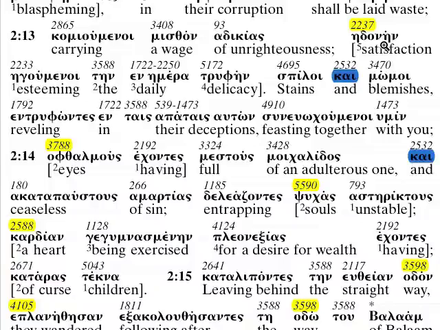What are they? He says they're stains and blemishes, reveling in their deceptions, feasting together with you. So these people, they're reveling in their deceptions. And not only that, but they join in to the churches, to the gathering, the ecclesia, feasting together. So they're among us, those false teachers and false prophets, and these people doing these things.